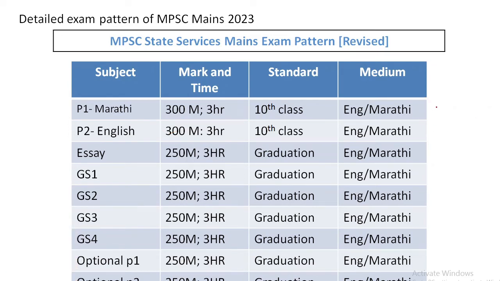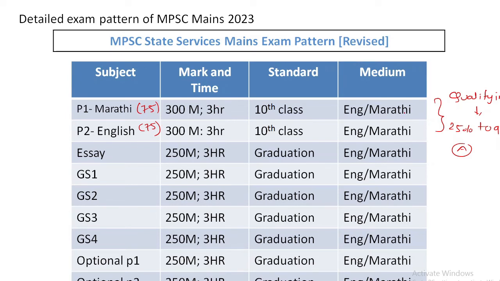Let me explain. Both paper 1 and paper 2 are qualifying in nature. What does it mean? That means you have to take 25% marks to qualify. That means you have to take 75 marks in Marathi and 75 marks in English. Now suppose A, who gives the exam, did not take 75 marks or failed to achieve this 25% marks in Marathi or English.